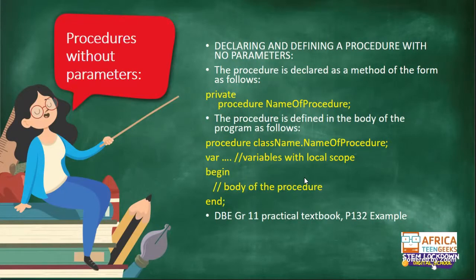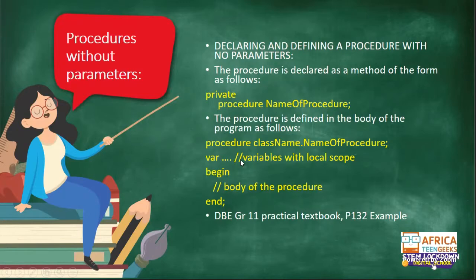And the basic syntax, if I want to declare it, is that you write procedure, maybe I should go back to private here where I declare it. So you write procedure, and whatever name you want to give this procedure, followed by a semicolon.